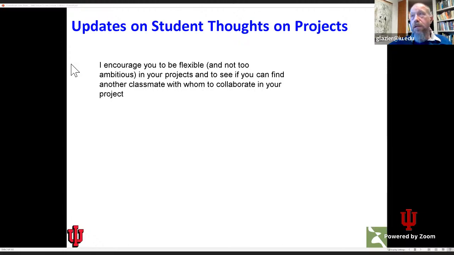I think one thing I'd encourage you to do is, again, it's not a requirement, but I do encourage people to think about working in teams. There are people with all sorts of different backgrounds and expertise, and working in a pair might not be a bad way of dealing with that. And I also encourage people to try to be flexible and not too ambitious.